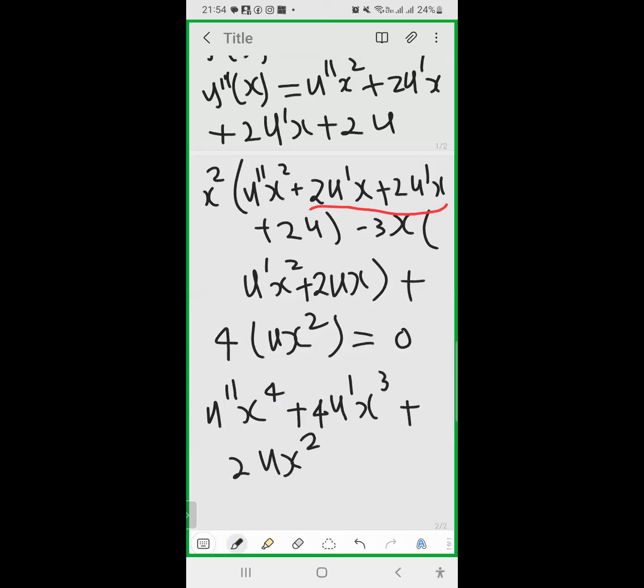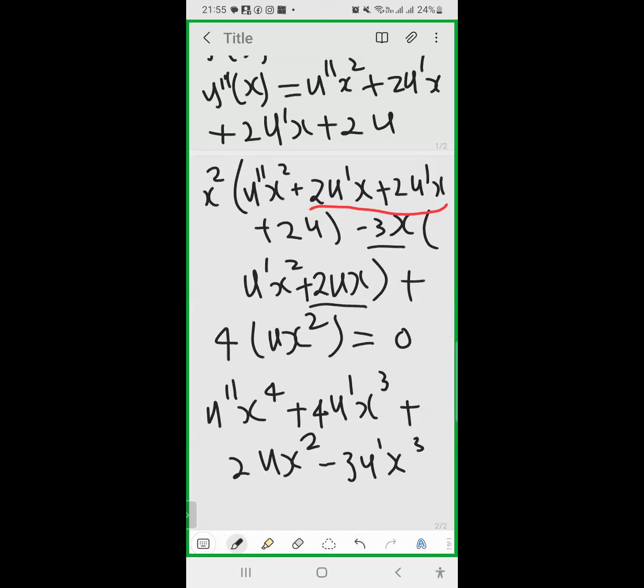And then we're gonna have minus 3u prime x cubed, and then minus 3 multiplied by 2ux.